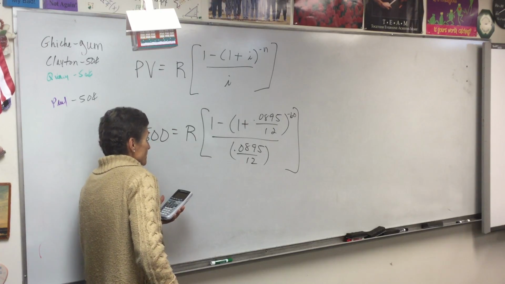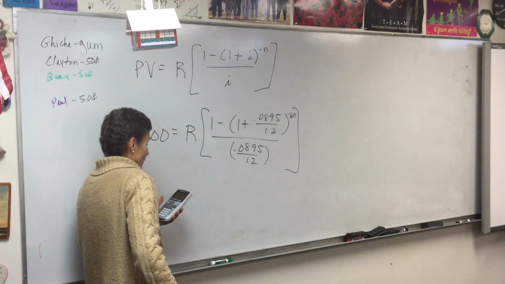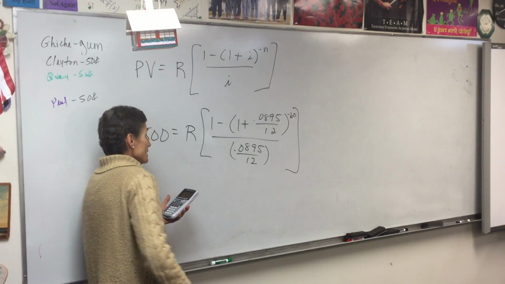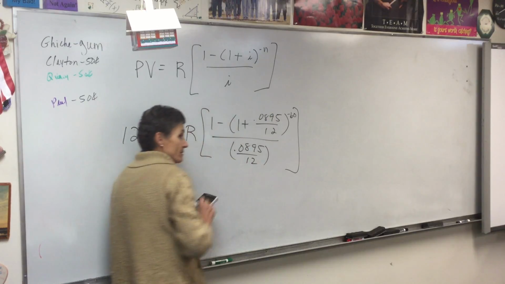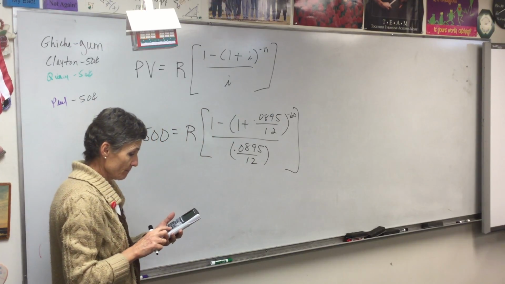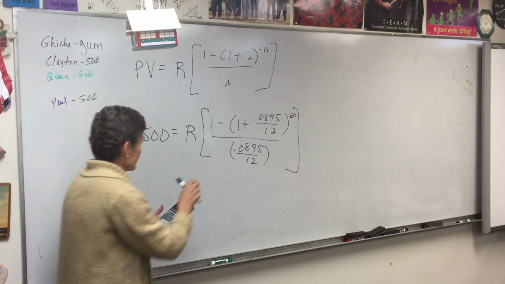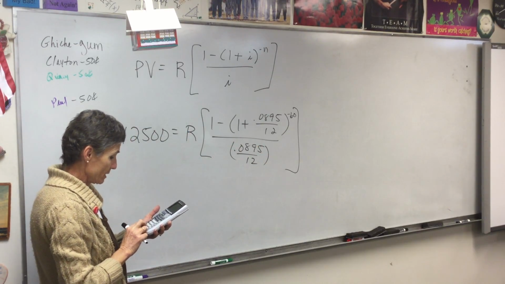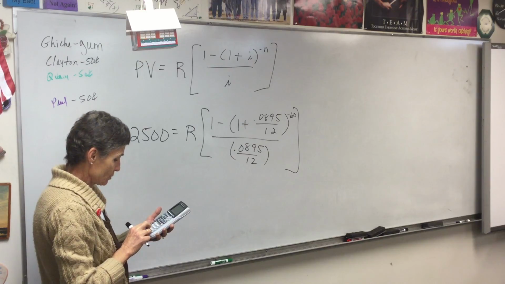So what did you get when you typed in that numerator? 0.359? Now, what do you need to do to that? You need to divide it by the denominator, but there's 2 numbers down here, so make sure you got parentheses, divided by 0.0895 divided by 12.